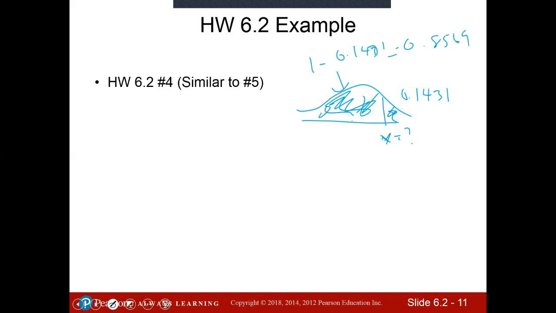So I go to the table and look for a value that is closest to that, or if I get fortunate, I'll find the exact value, and find the z-score that corresponds to that. So let's go to share.